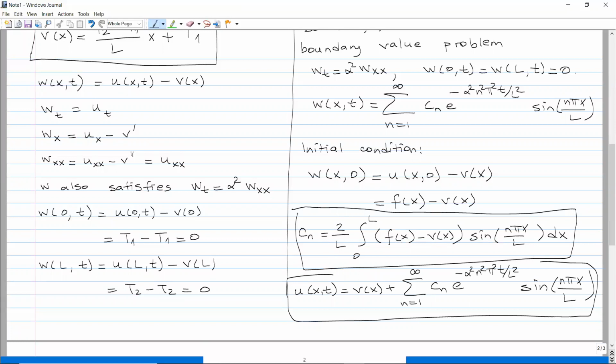The example here is going to be the same as the example I did in the previous video. You need to evaluate these integrals.